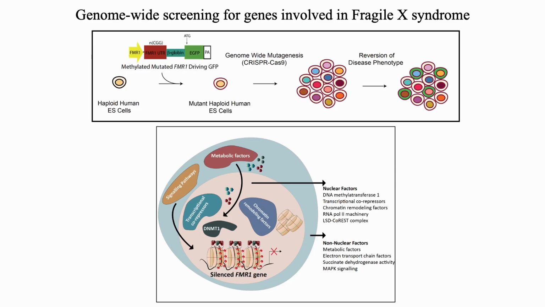And I'll just briefly show you that we generated, in the beginning, kind of an artificial system where we introduced a transgene for Fragile X, which is a unique mutation, and the gene is not expressed. And then we could show that some of the genes, once they are mutated, the marker of the gene will start to express.